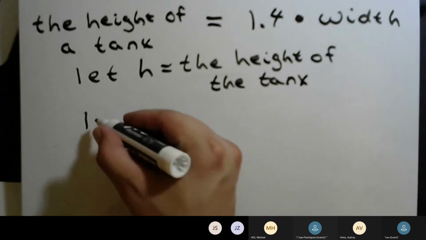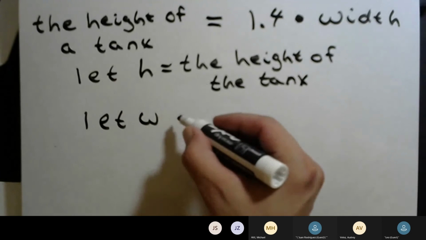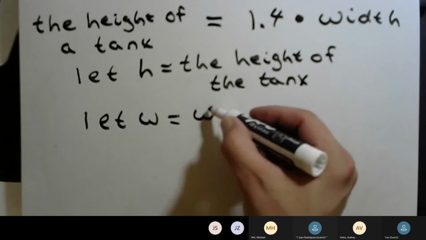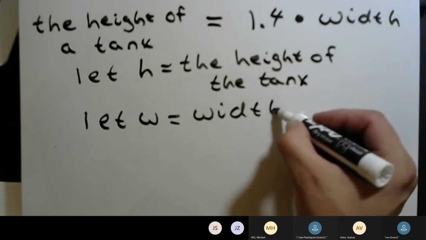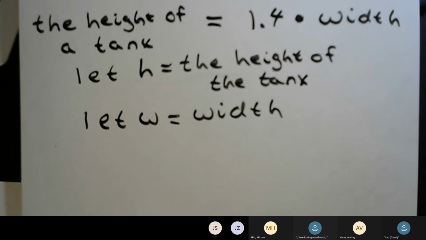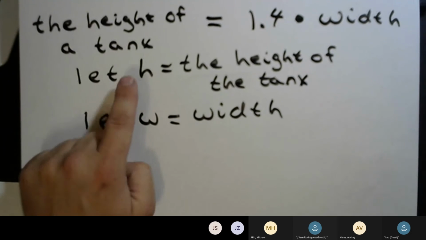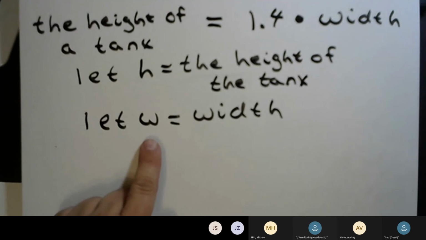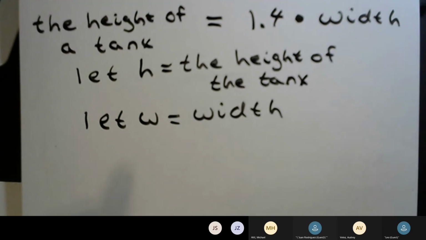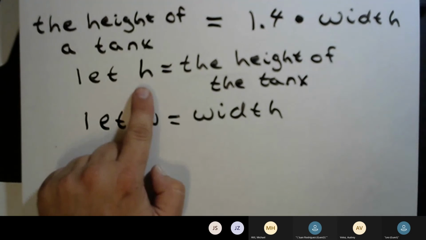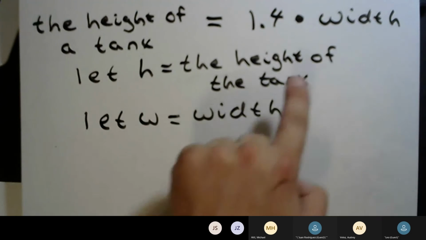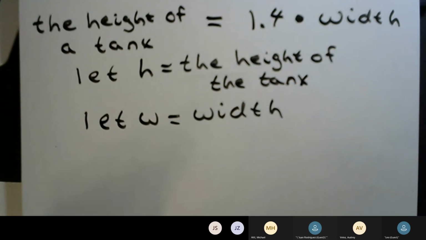And then we're going to let w equal the width. Now, I don't have to use h, and I don't have to use w. I could use x, and I could use y. That's perfectly fine. I'm just going to choose a variable that reminds me of height and one that reminds me of width.